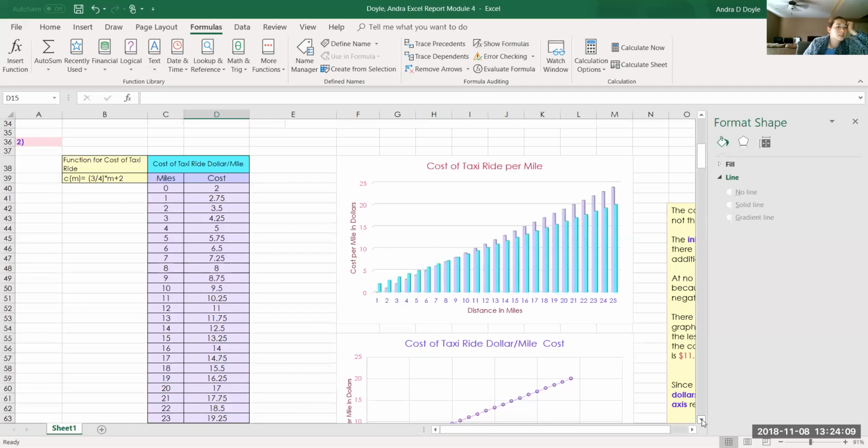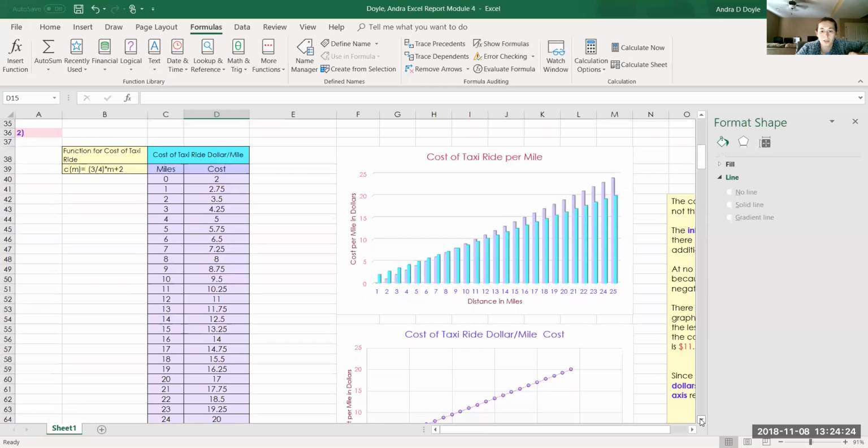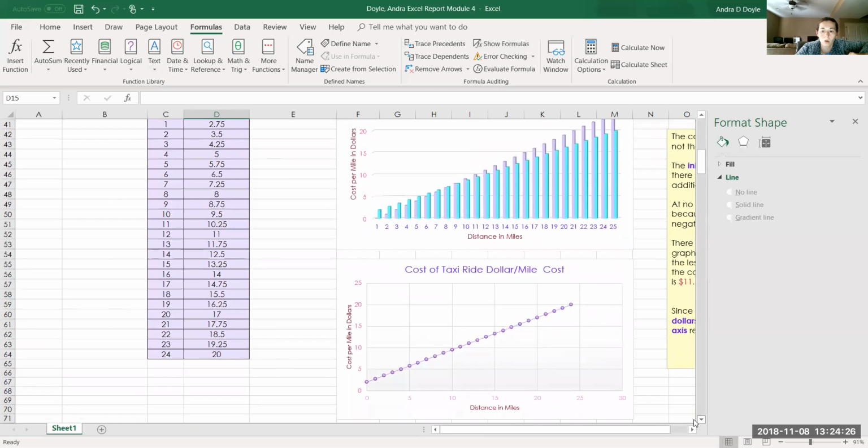The cost of the taxi cab ride in dollars per mile. And I made a bar graph and a scatter plot to show it.